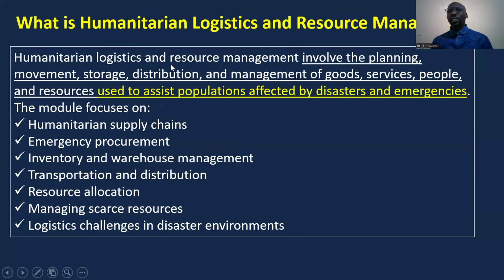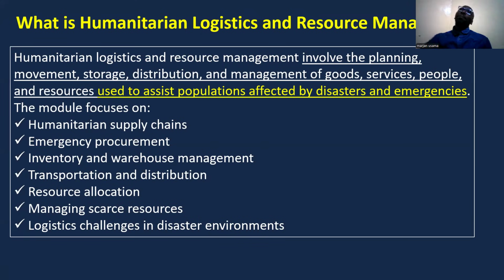So humanitarian logistics and resource management involve, number one, the planning, movement, storage, distribution, and management of goods, services, people, and resources used to assist population affected by disasters and emergencies. So that is in brief what humanitarian logistics and resource management entails.